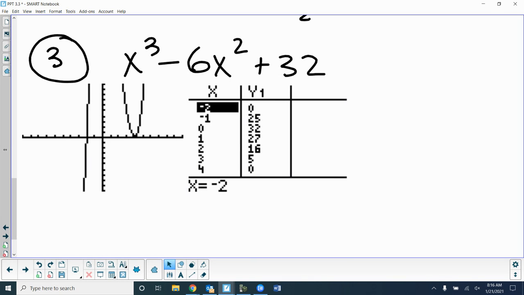Okay, so what's going to happen here since it bounced? What's the multiplicity? 2. You don't have to show it to me through synthetic division. You guys should know that it's going to be 2. All right, so that's the answer. Negative 2 and 4. Make sure you tell me 4 works twice.